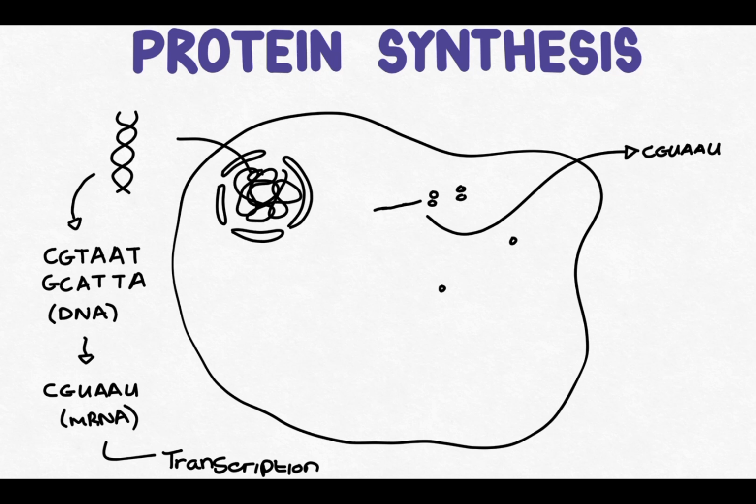The tRNA will have an anticodon that is a mirror image of the codon. Each anticodon is attached to a specific amino acid. The tRNA molecules will then line up on the mRNA molecule, and the amino acids will attach to each other, forming an amino acid chain. This amino acid chain will then be modified and shaped into the protein molecule. This process here is called translation.